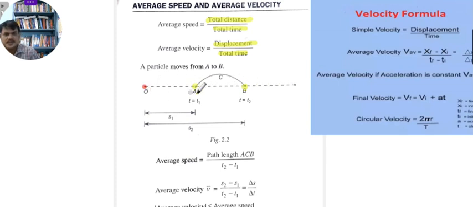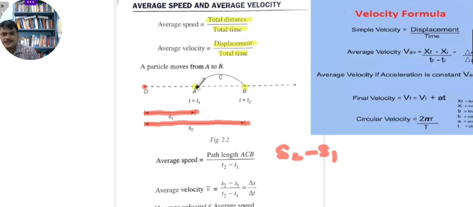I plot the position of A from O as a distance S1, and the position of B from O as a distance S2. The shortest distance between A and B is S2 minus S1.